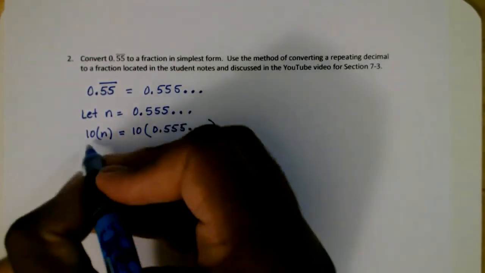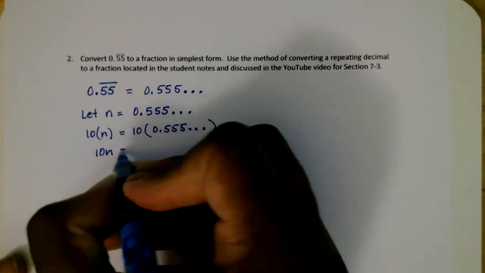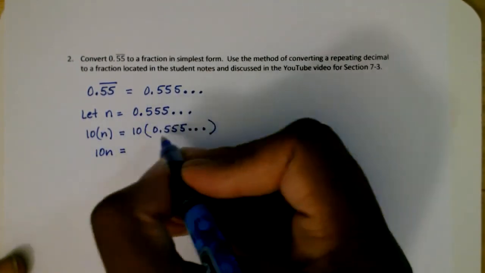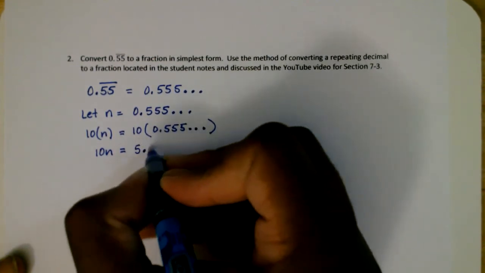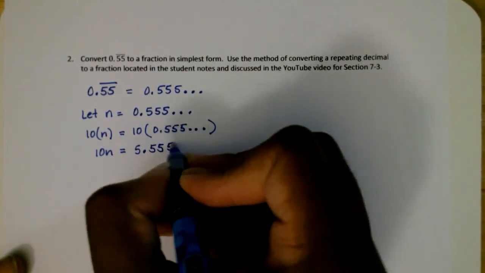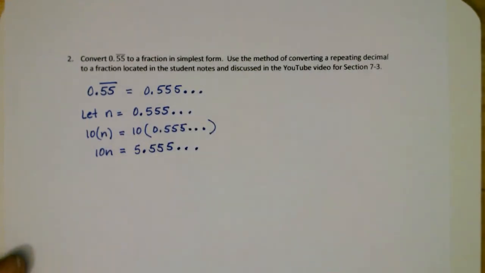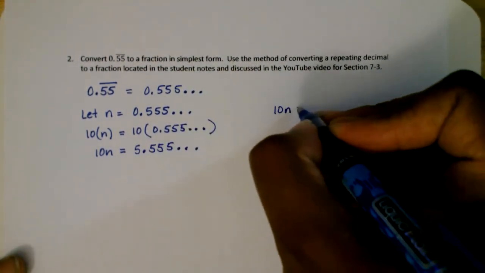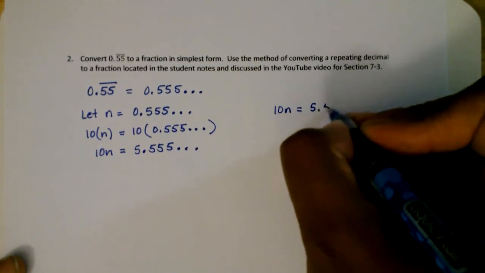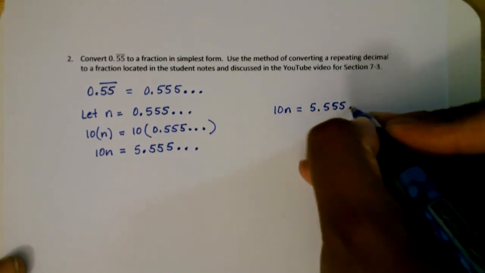And what's going to happen here, this will be 10n. And then when I multiply by 10, I move the decimal point one place to the right, so it'll be 5.555, repeating like this. Here's what I'm going to do. I'm going to take the 10n equaling 5.555, repeating.